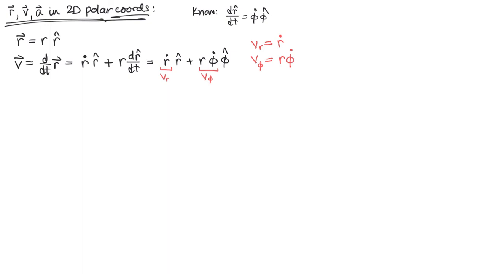Okay. So let's take a look at this graphically. I'll draw my axes. Let's say we're sitting here, and I'm going to connect that point to my origin. And that defines the radial direction.